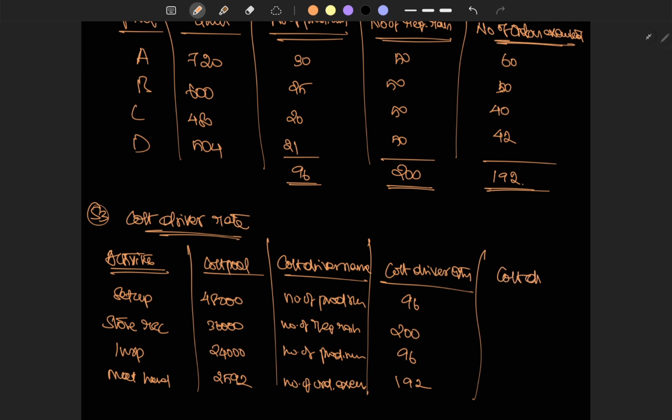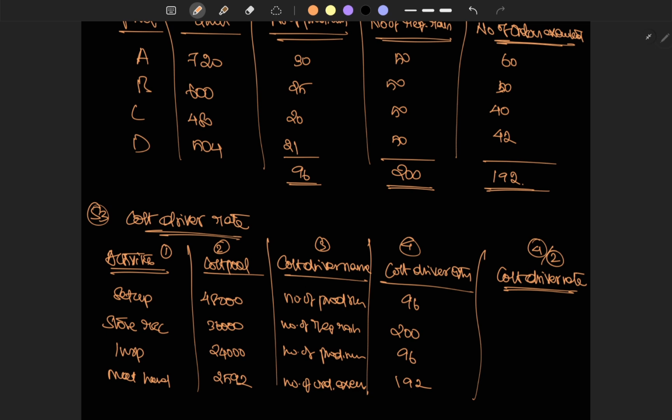Cost driver rate is cost pool divided by cost driver quantity.